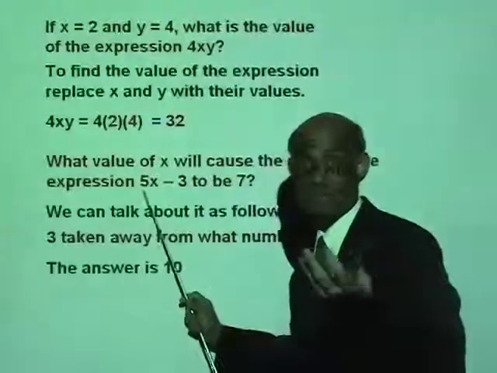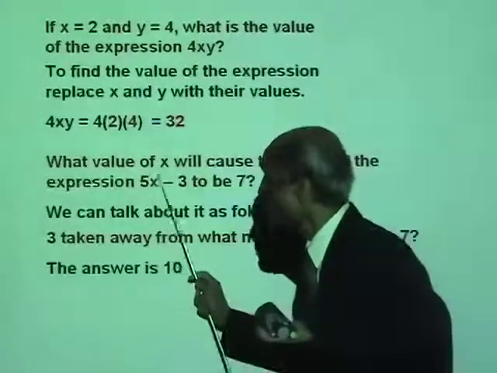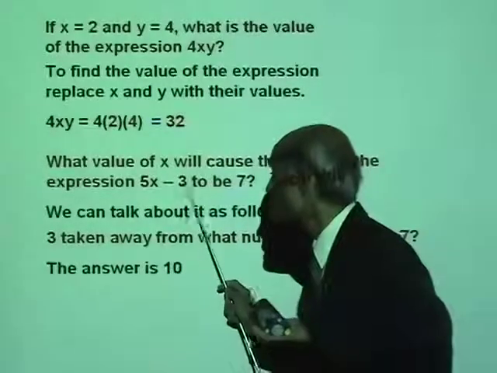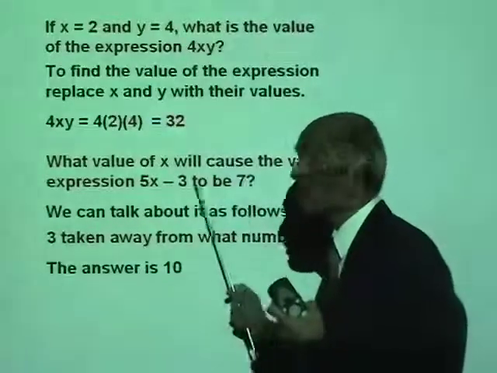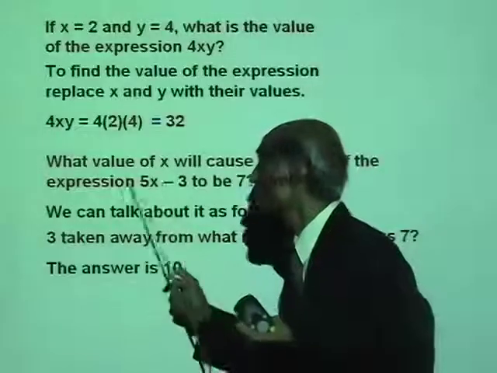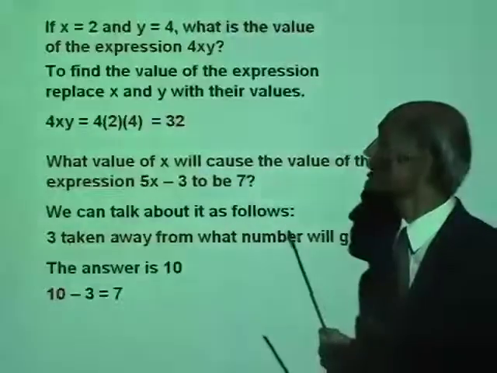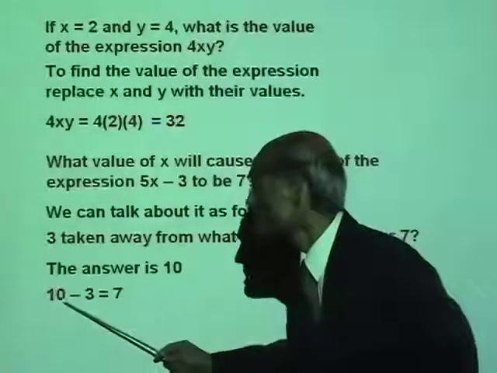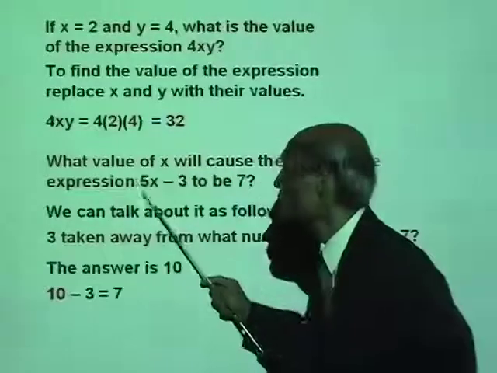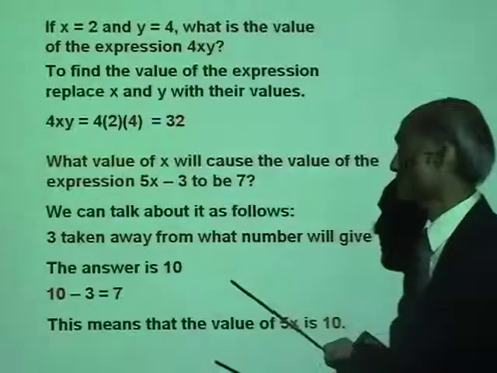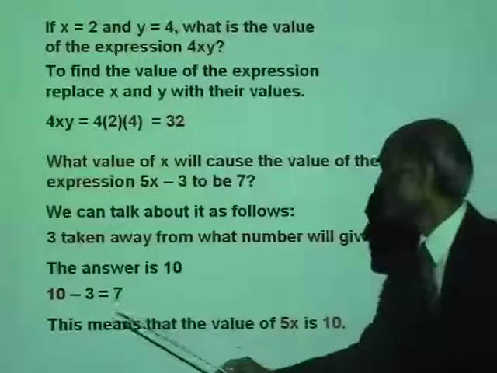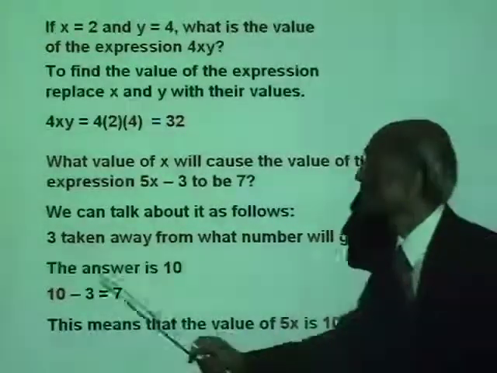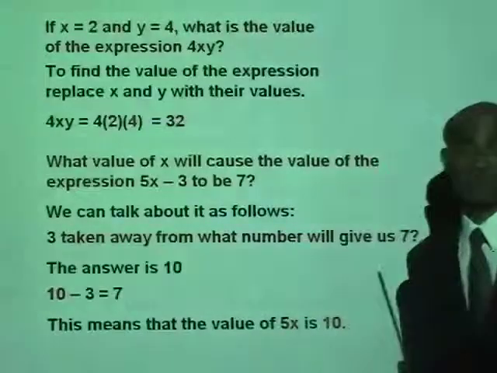Is that right? From 5x, you take away 3, you get 7. Obviously, it means this quantity 5x must be equal to 10. So look at this. This 10 therefore stands for 5x. So this means that the value of 5x is now 10.